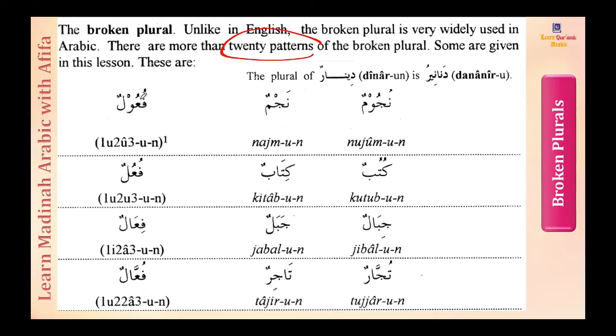I would encourage you to please hear the sounds as I say them out loud. So kitabun, kutubun. It follows fu'ulun. Jabalun, mountain. Jibalun. It sounds like fi'alun. Tajirun is a merchant. The plural is tujarun, following fu'alun.